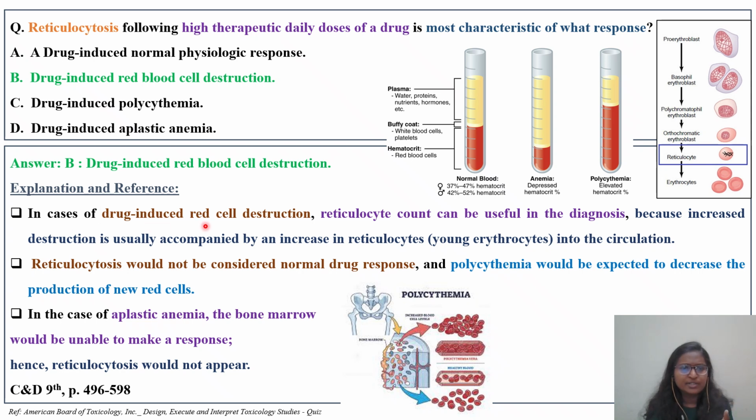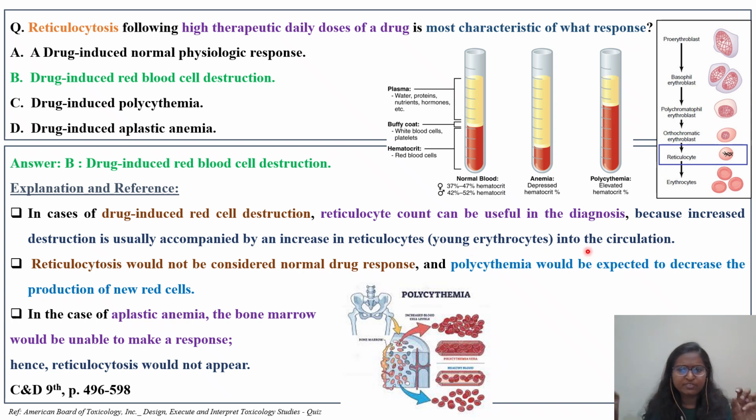In case of drug-induced red cell destruction, reticulocyte count can be useful in the diagnosis. Whenever there is RBC destruction, the erythrocytes die. So the count of reticulocytes can be used as a tool to diagnose certain diseases and conditions, because increased destruction is usually accompanied by an increase in reticulocytes, young erythrocytes, in the circulation.